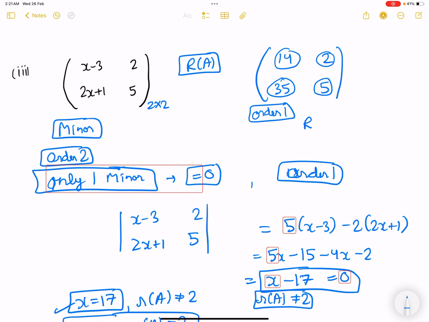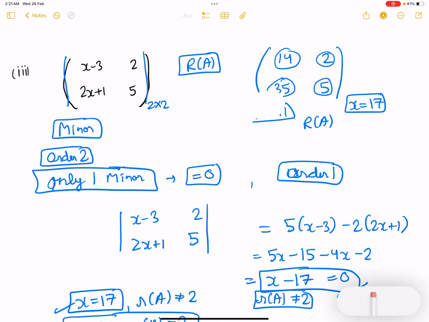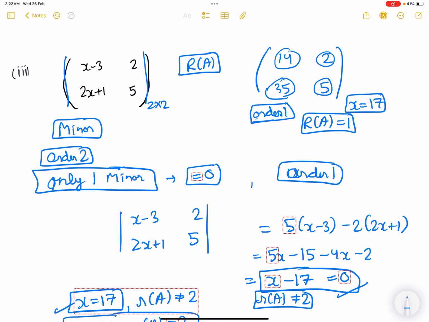So rank of A when x equals 17, because when x was 17, the 2 cross 2 minor was giving you the value 0, so we'll consider order 1 minors, and they are not 0, so rank of A would be 1 in this case.